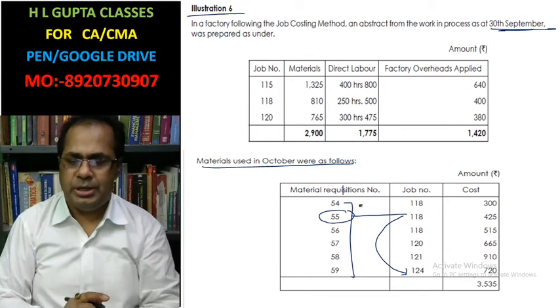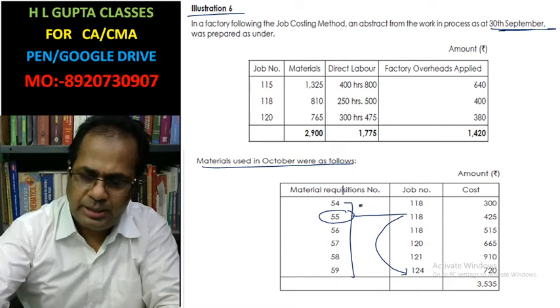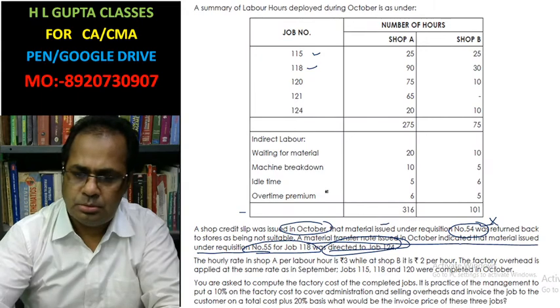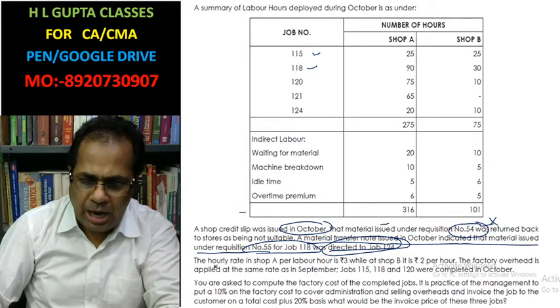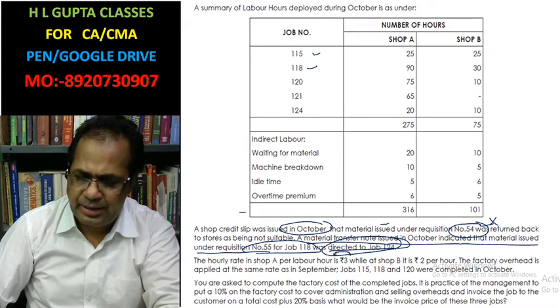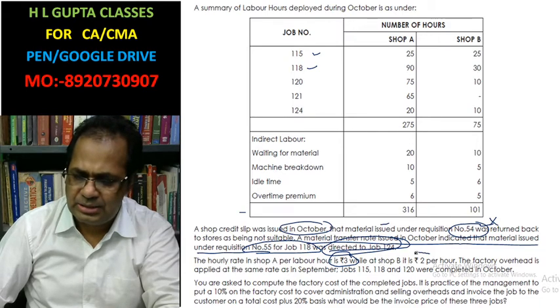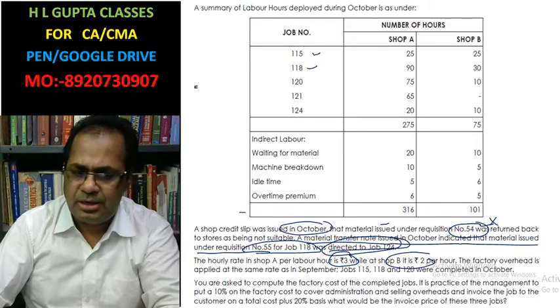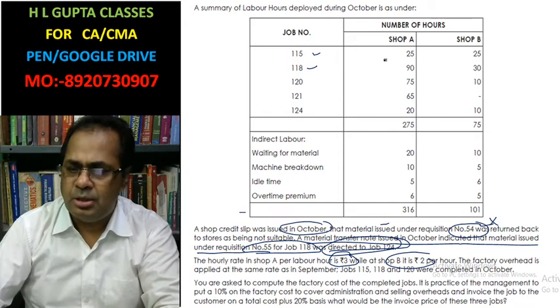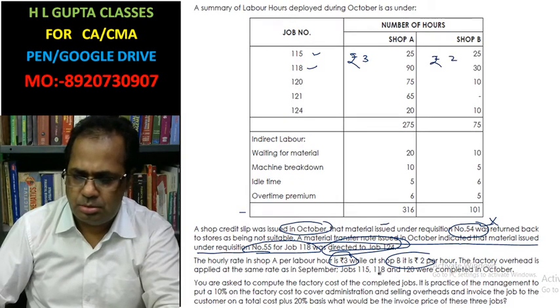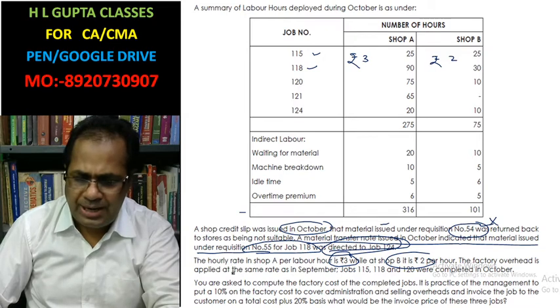Okay, and thereafter, the hourly rate in shop A per labor hour is rupees 3, while in shop B it is rupees 2.